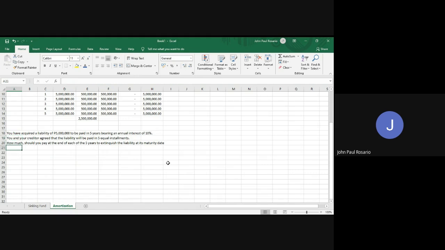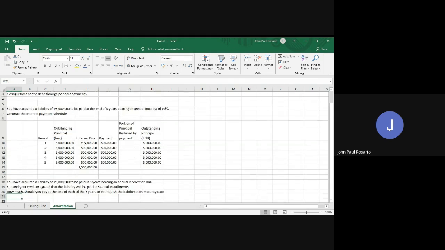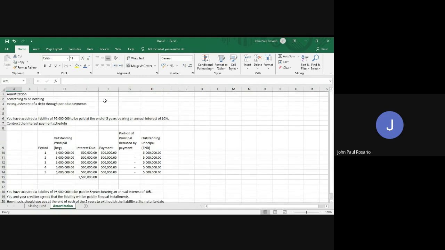In this case, we have something and then it becomes nothing. Our goal is for something to be nothing. So this talks about the present value of an ordinary annuity, or this could also be a case for the present value of an annuity due.